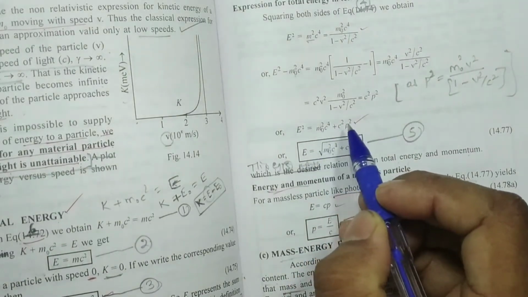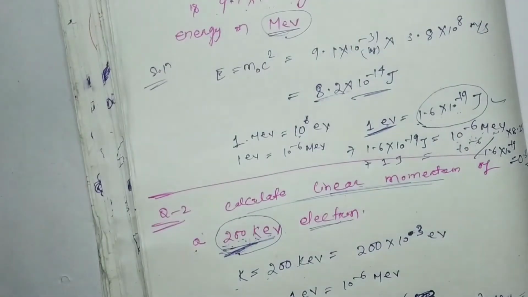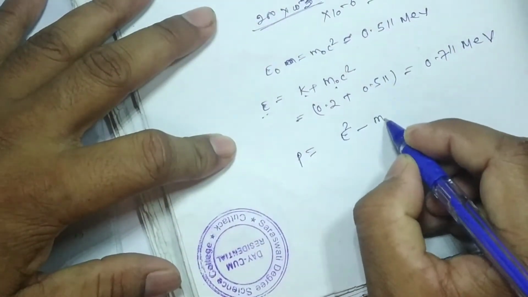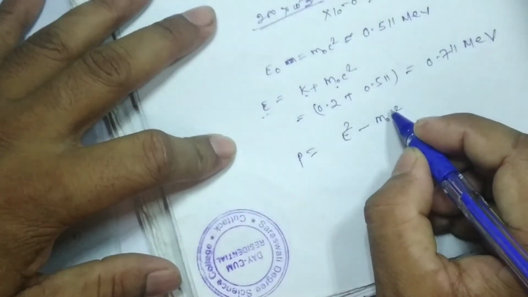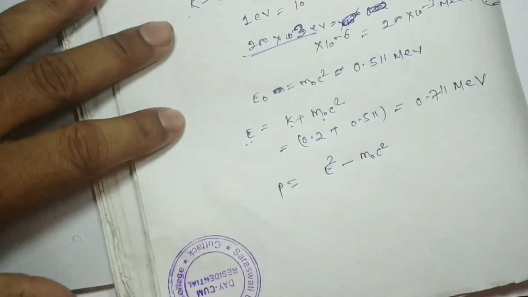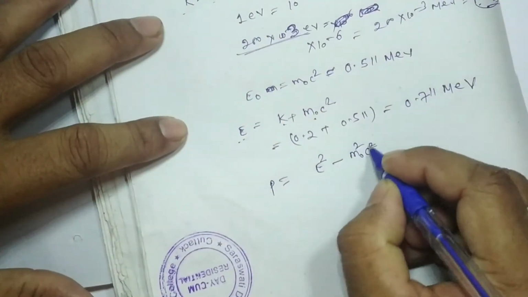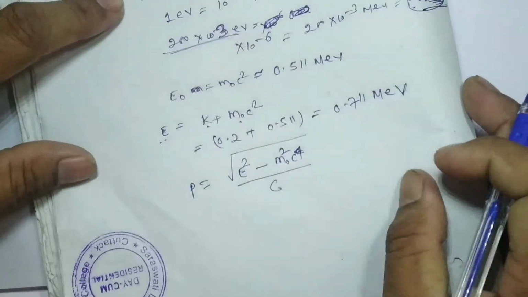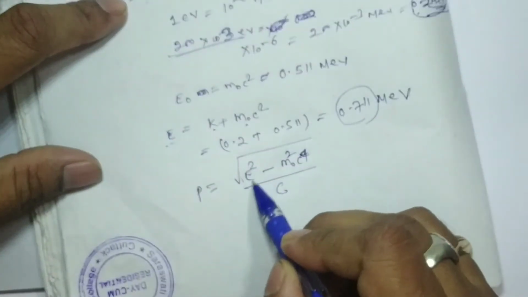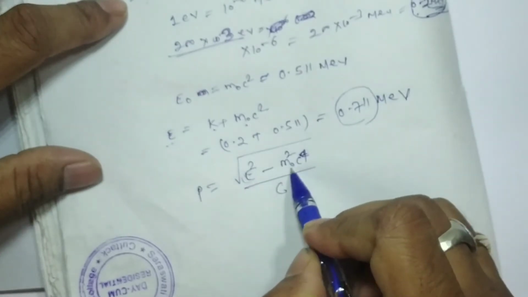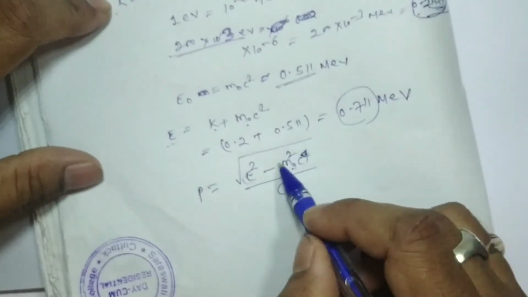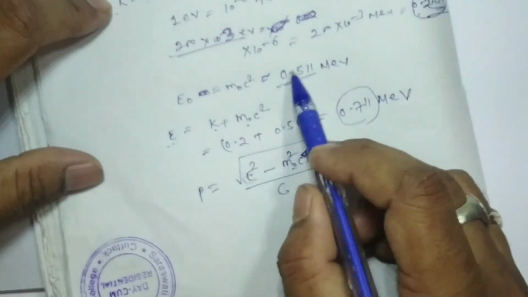We put in the value of m0 c square, and square it.